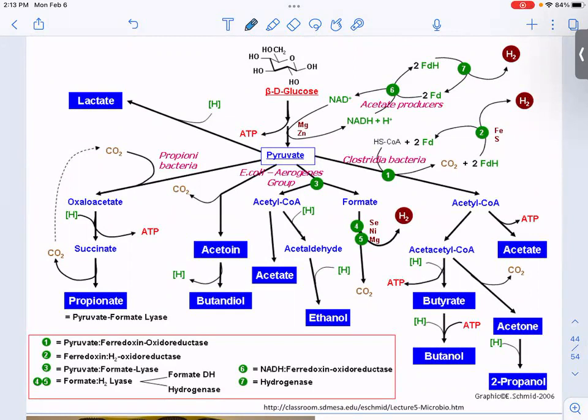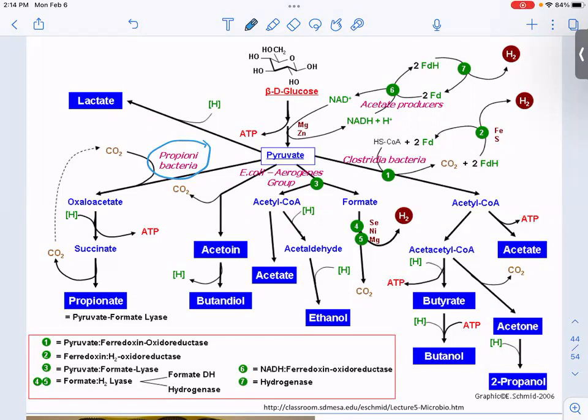I didn't post this because I didn't want anybody to worry that they had to learn all of it. But the point that I'm making here is that there are many different fermentation pathways, and it depends on the organism. It depends what enzymes they have. One of my favorite fermentation pathways is carried out by these Propionibacteria.